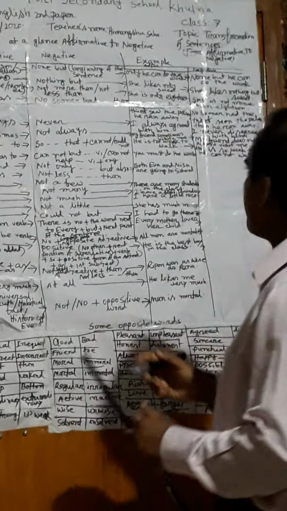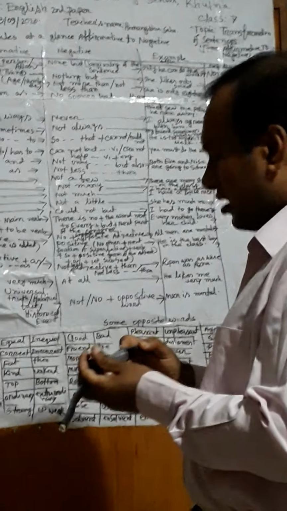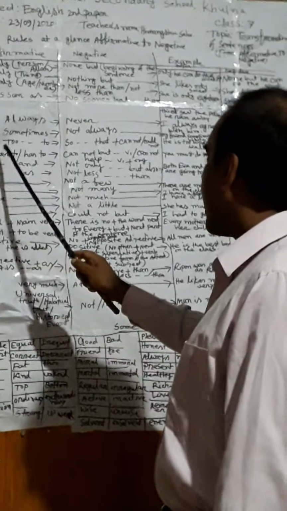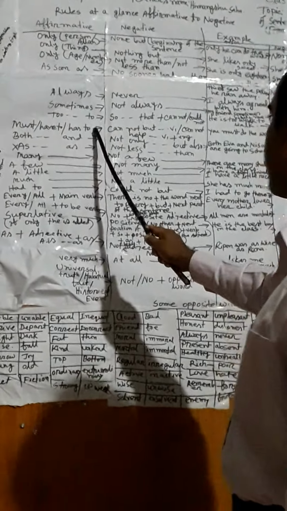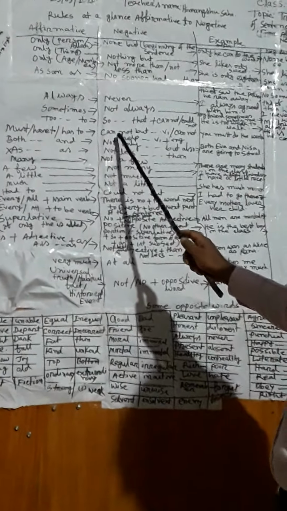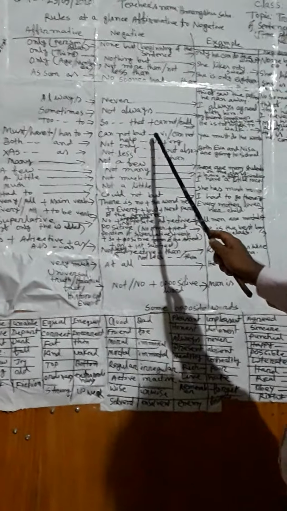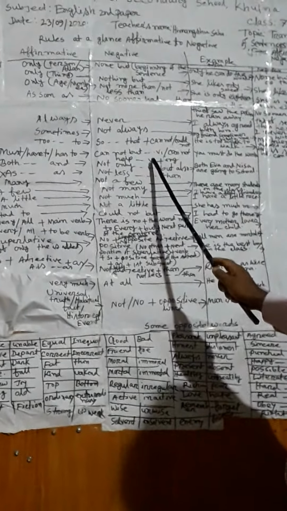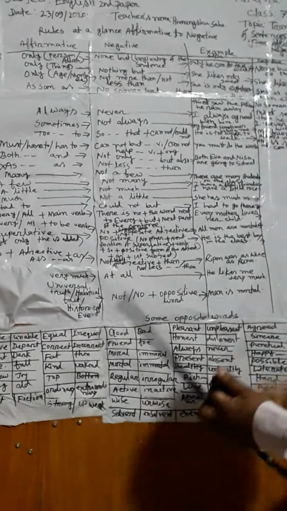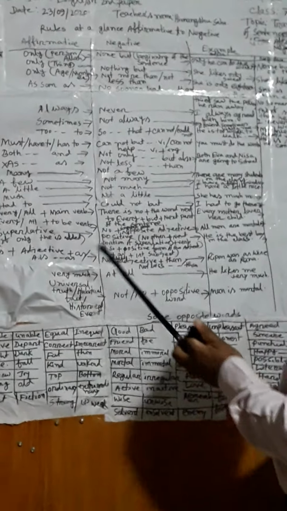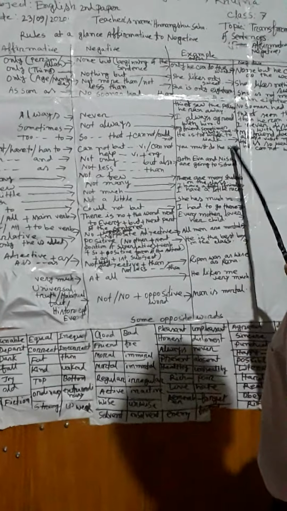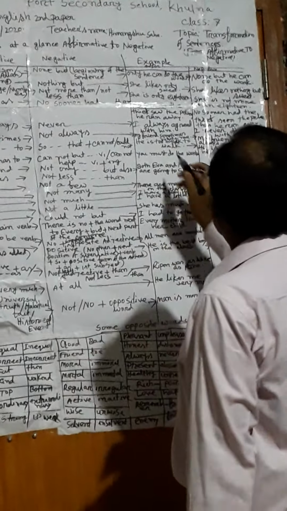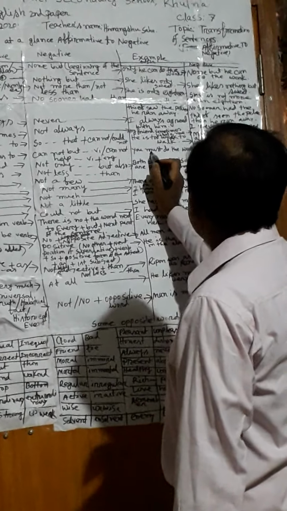I will move to another rule, and that is, if you find must or have to or has to in an affirmative sentence, then you have to put cannot but V1 or cannot help V1 plus ing. For example, you must do the work. Here you find a word and that is must.